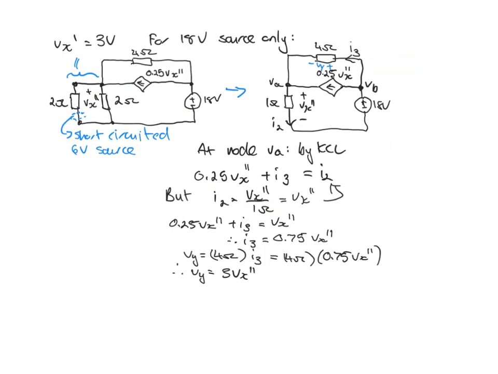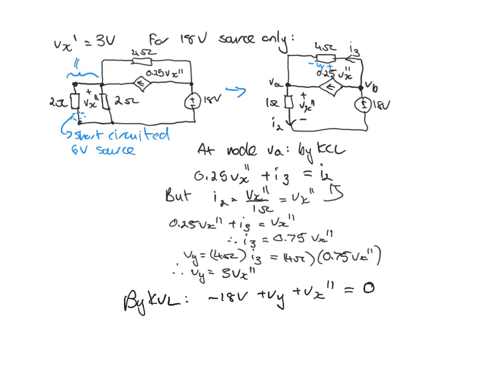And now we're going to go around the big loop in this circuit and apply Kirchhoff's voltage law. So by Kirchhoff's voltage law, going around the big loop over there, we've got minus 18 volts plus Vy plus Vx double dashed is equal to 0.